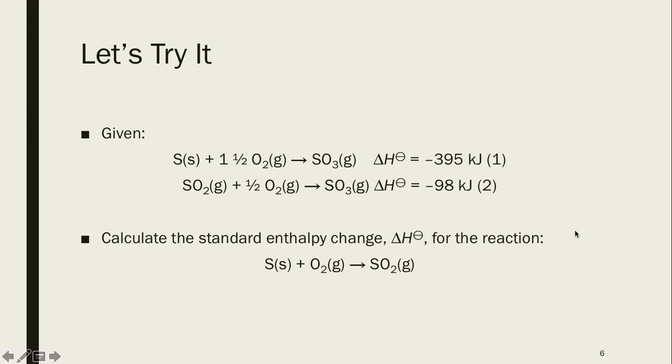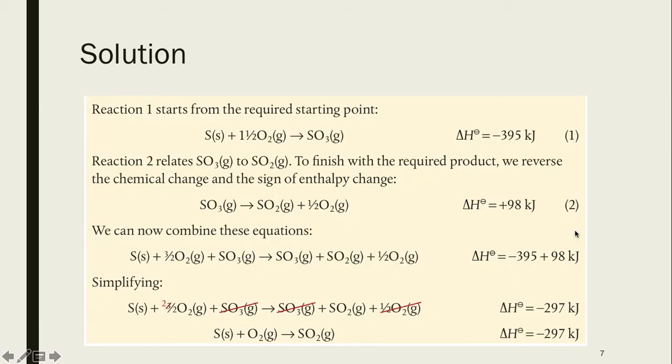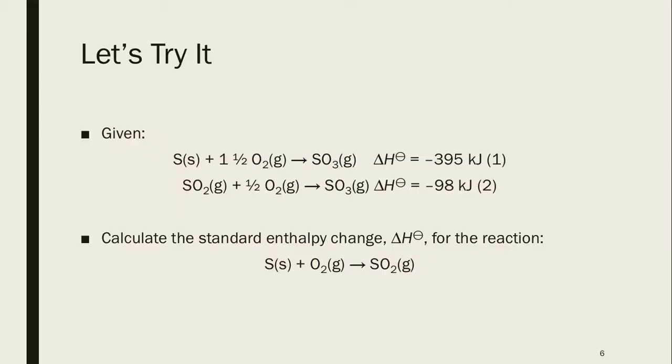So, let's consider this. Reaction 1 starts from the required starting point. Reaction 1 starts with sulfur, which is a reactant, and sulfur is a reactant for our final product. This is good. We also have oxygen, O2, in both of our reactants.